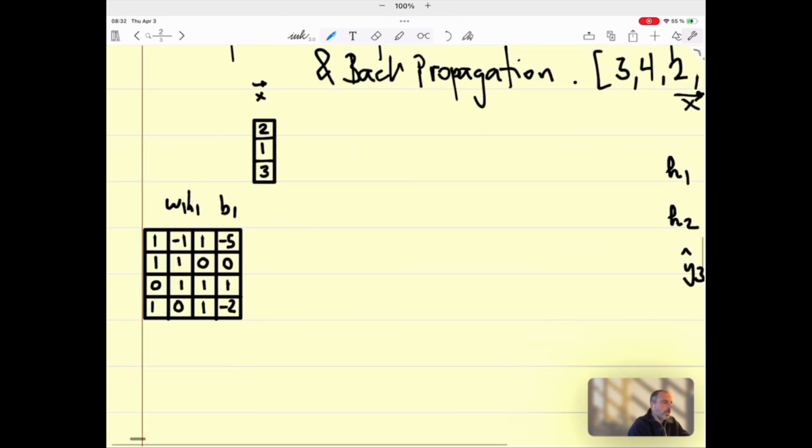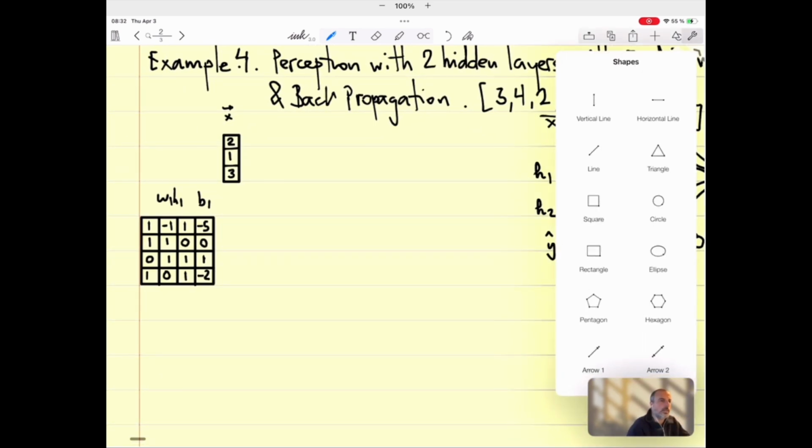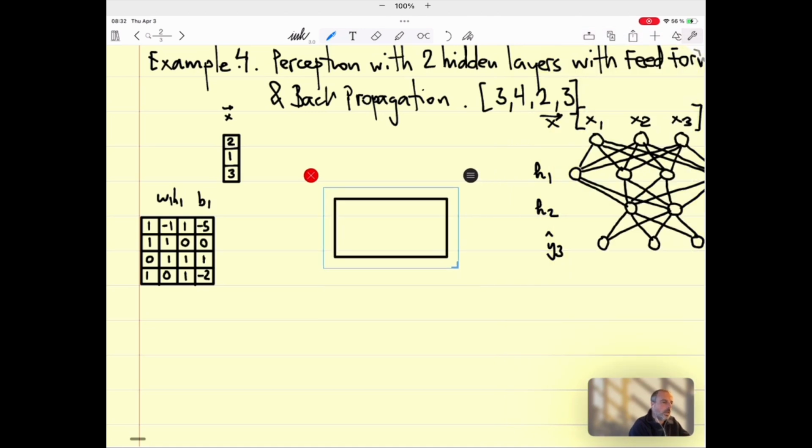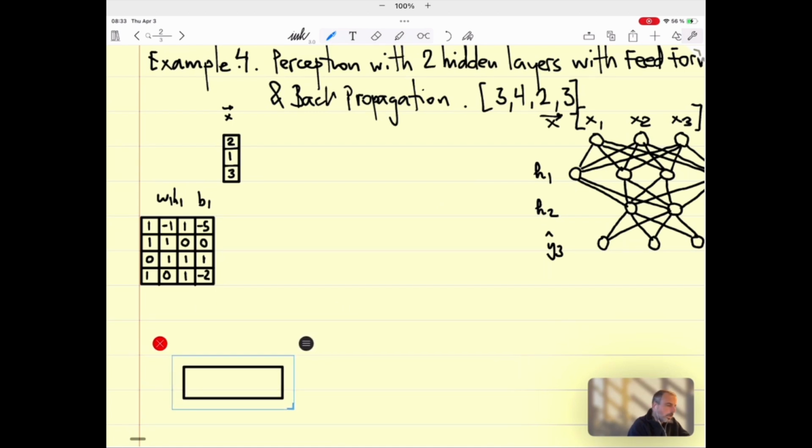Then let's get another layer here. I need to leave some space in between. You will see later on why.